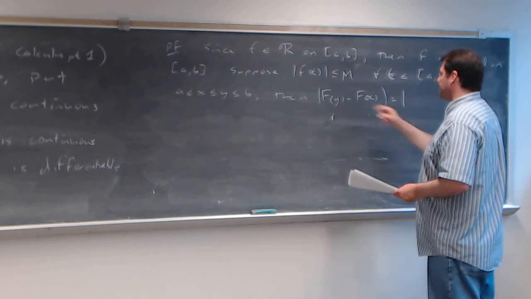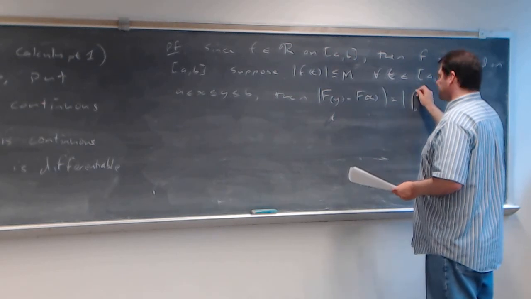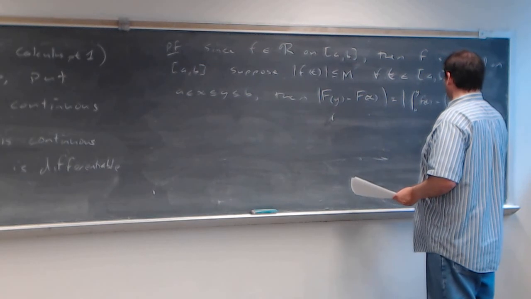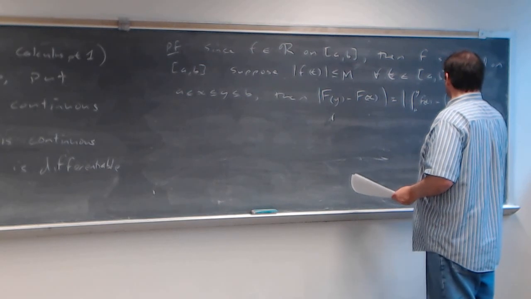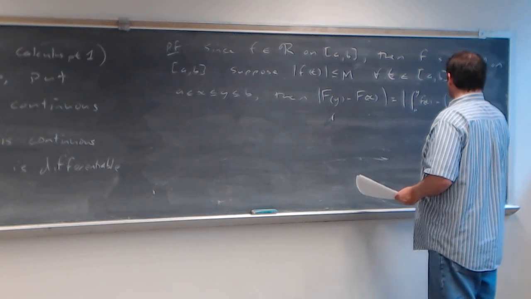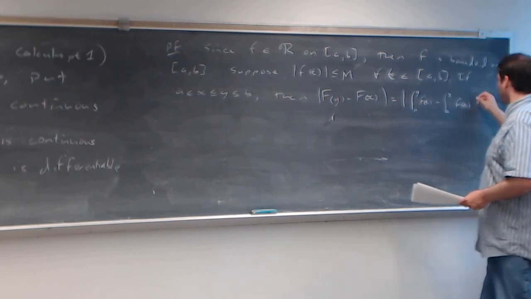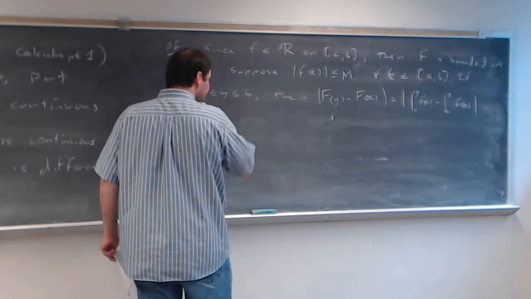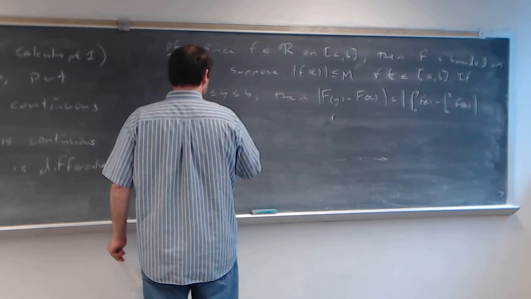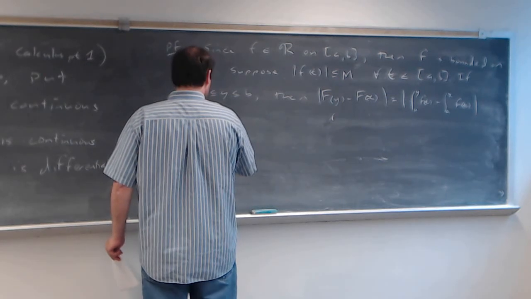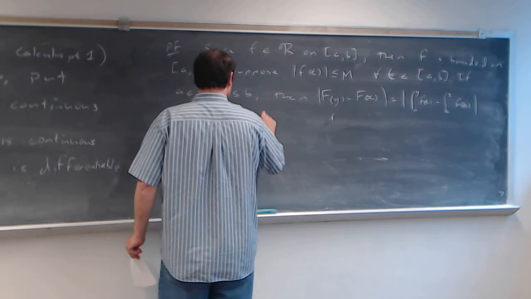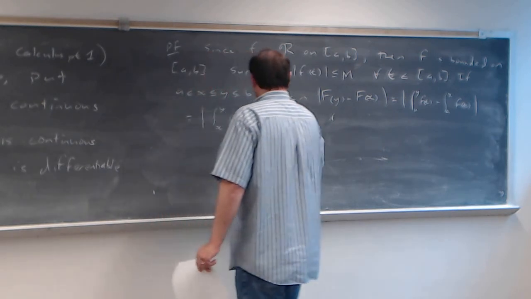that's equal to the integral from a to y of little f of t minus the integral from a to x of little f of t. And that's going to be equal to the integral from x to y of f of t dt, since y is bigger.